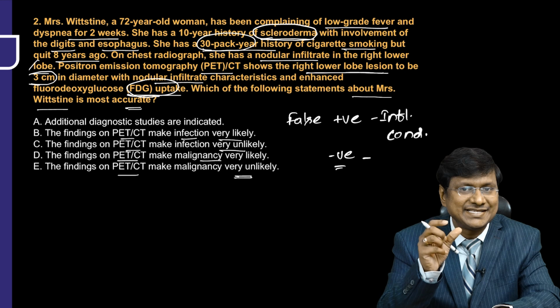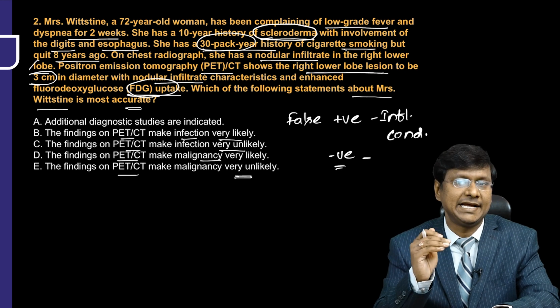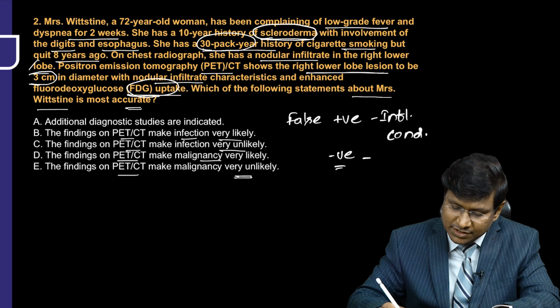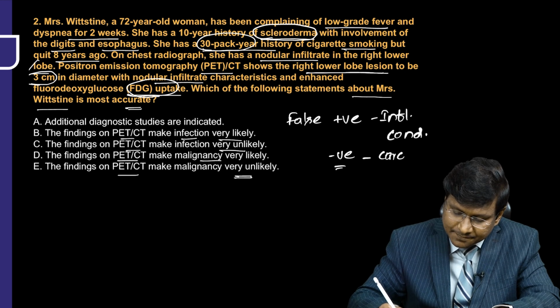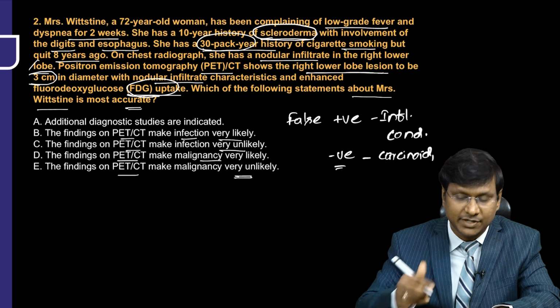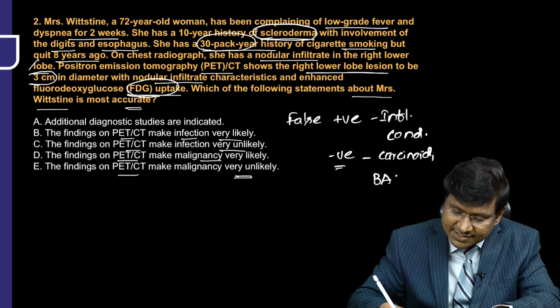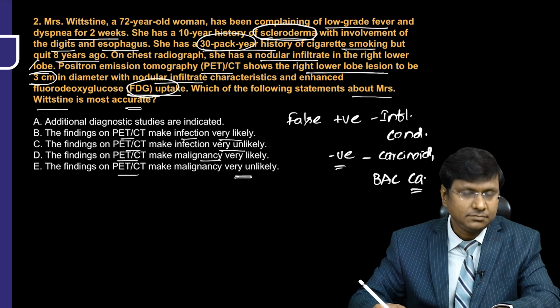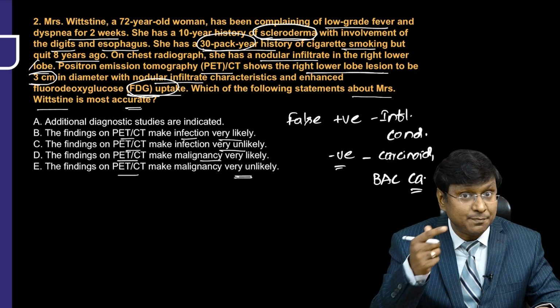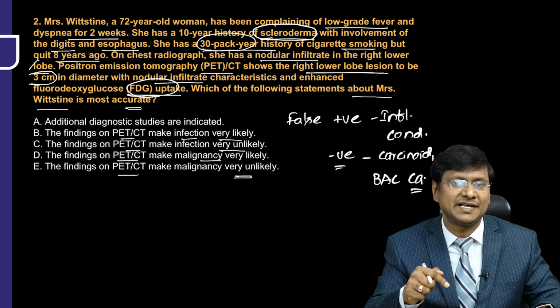So what are these lesions with low metabolic activity? That includes the carcinoid tumors, right? And the other one is bronchoalveolar cell carcinoma. So false positive and false negative findings can be there.